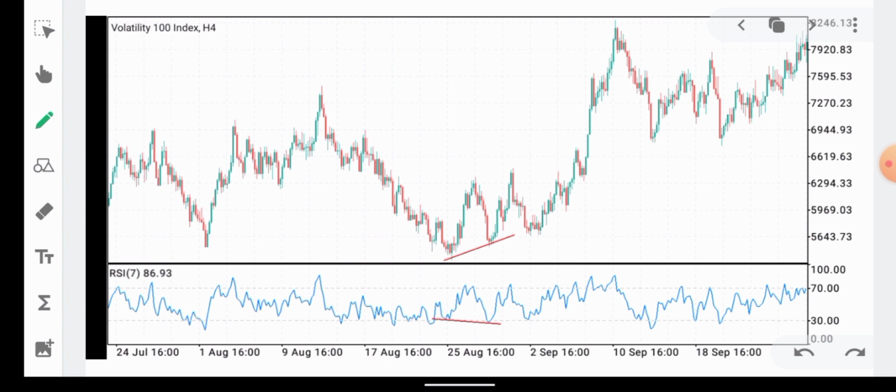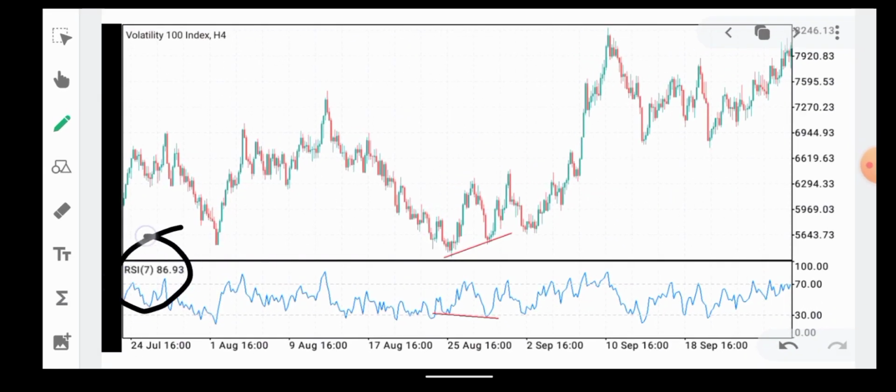So how I use divergence, I see people using RSI and MACD for strategy. I don't use that, like divergence strategy, I mean. For settings, for my RSI, the last analysis I gave, that was on the currency pairs, my RSI was on 7.